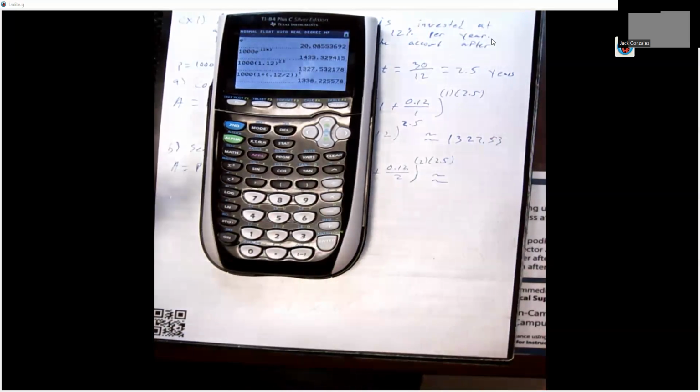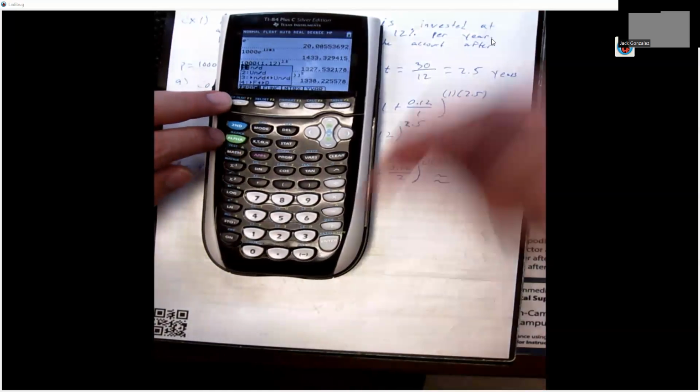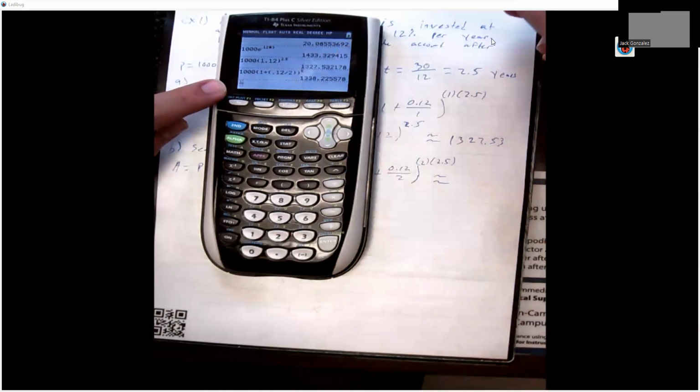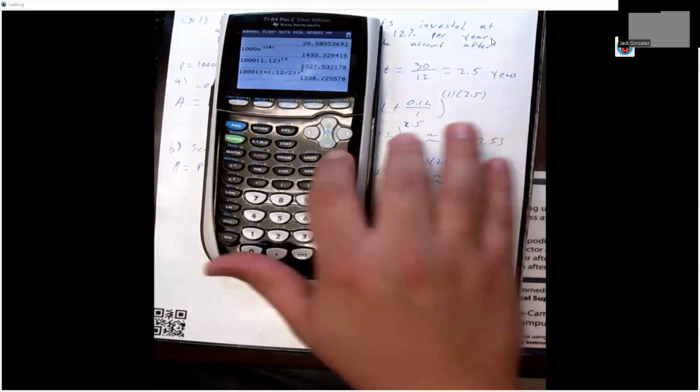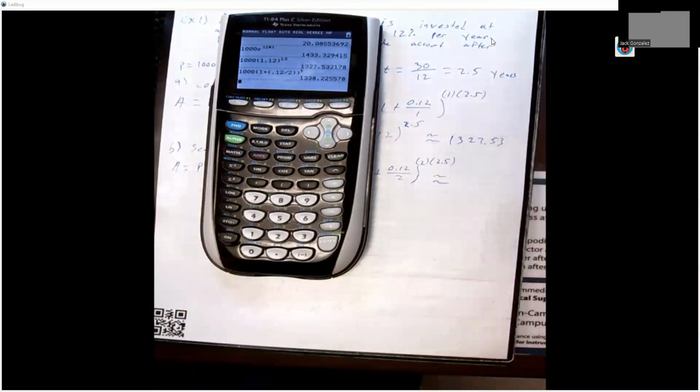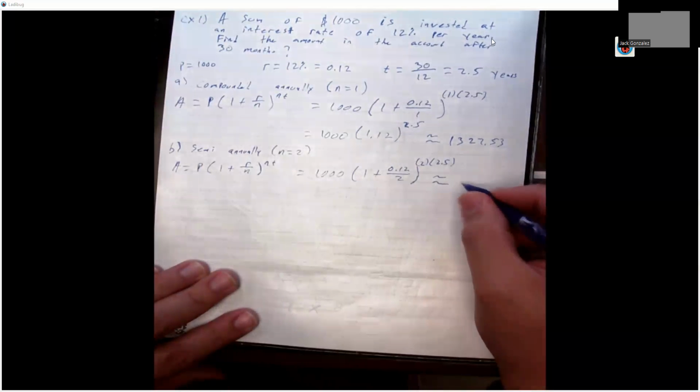If you want to make it exactly like you have it on paper, there is a fraction button on most calculators. Anyway, we get 1338.23. Okay, any questions on this? That makes sense? Not too bad.